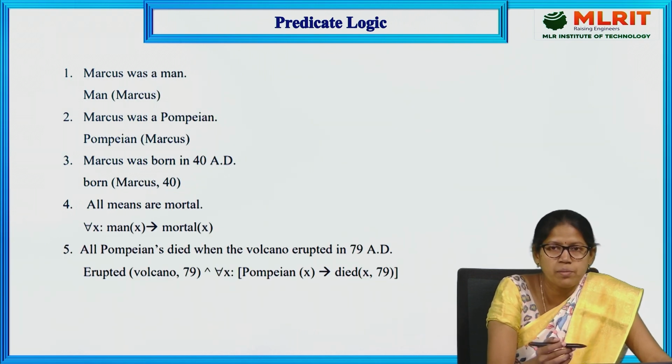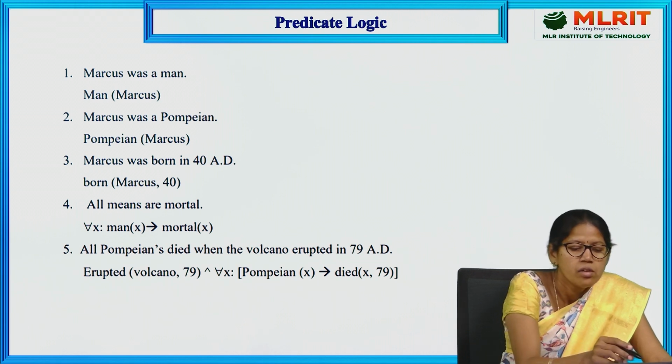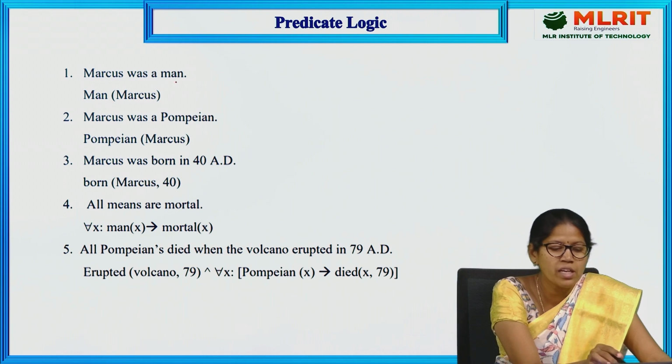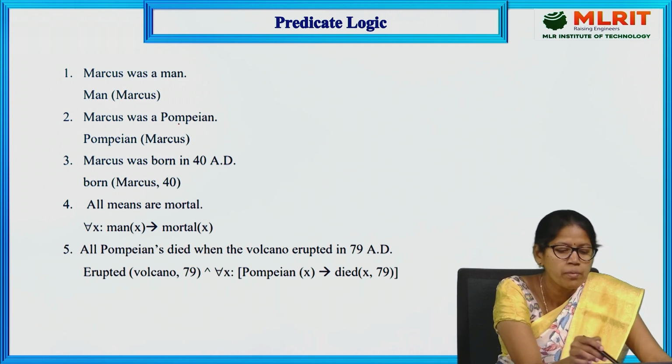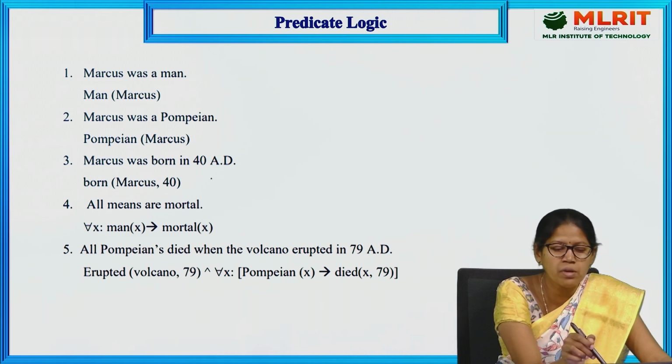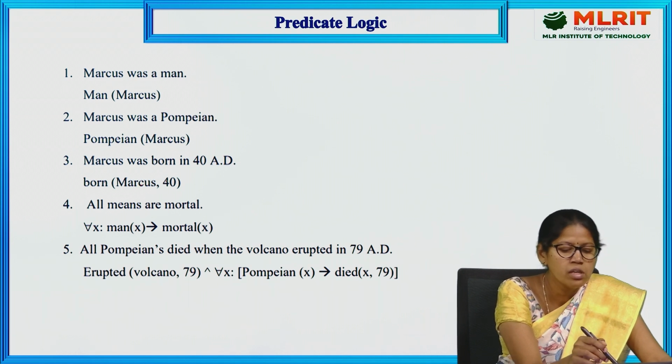Let's see some of the predicate statements. If they have given Marcus was a man, then we can write man is a predicate and Marcus is a constant. Marcus was a Pompeian, then Pompeian is a predicate and Marcus is a constant. Marcus was born in 40 AD, then born is the predicate: born of Marcus, 40. We can read it out like that.